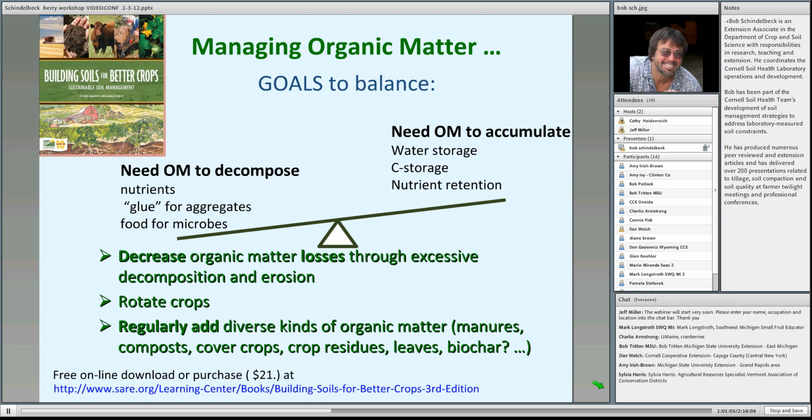And again, I mentioned compost, cover crops, crop residues, adding leaves, biochar. When we add these different materials or grow these different materials, remember that we're going to accumulate a different soil food web response to this different food source. And that's really ultimately what we're managing for.